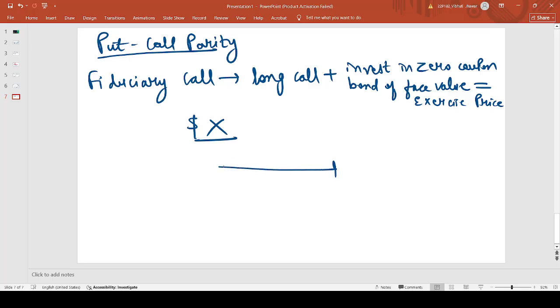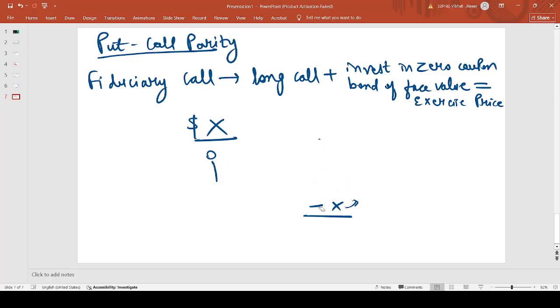After a year, if your option is in the money and you want to buy the stock at X, the bond issuer will give you the exercise price, so you will get X, and you will use this to buy the stock. Simple, because we have the right to buy it at X. We get it from the bond issuer and then pay it to buy the stock. That is called a fiduciary call.